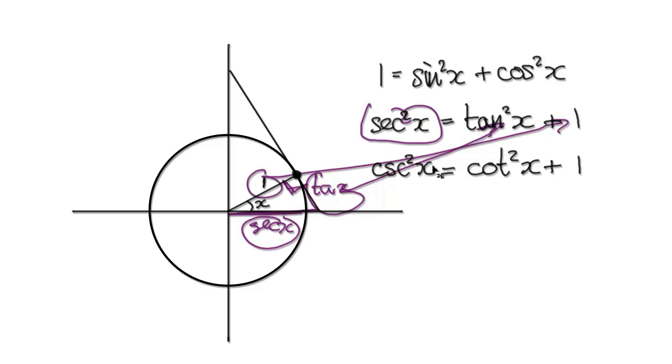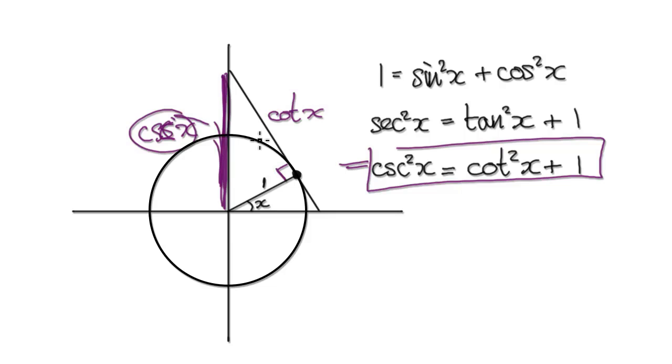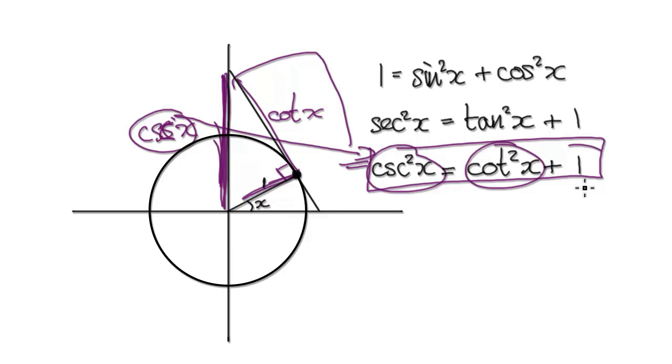So for you to memorize this, we've seen that this is cot of x and this is cosecant of x. So for you to memorize this one here, don't forget the right angle here. This is the longest length. This is the hypotenuse. So this would be the hypotenuse squared, and then you've got your cot squared, and then 1 squared.